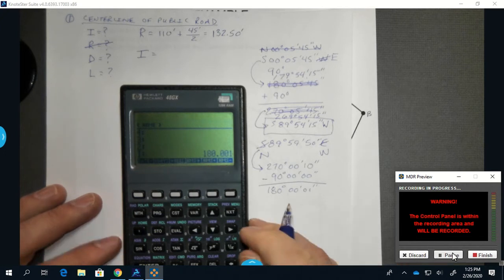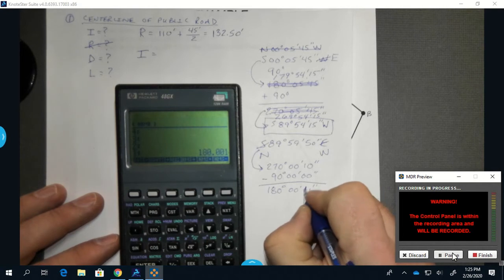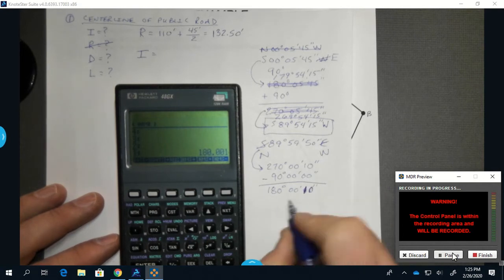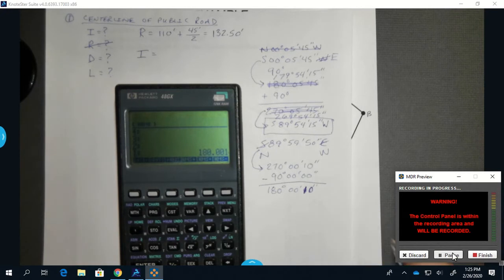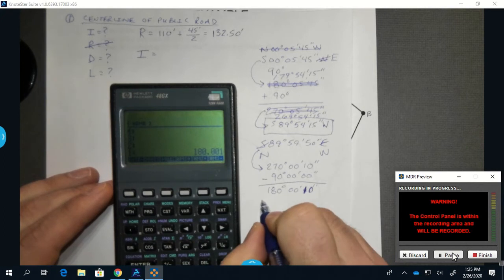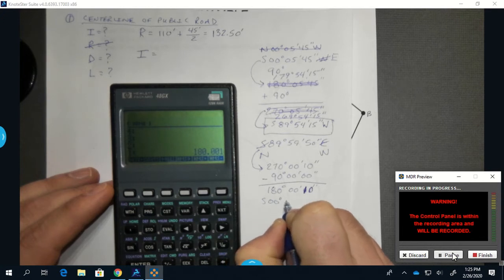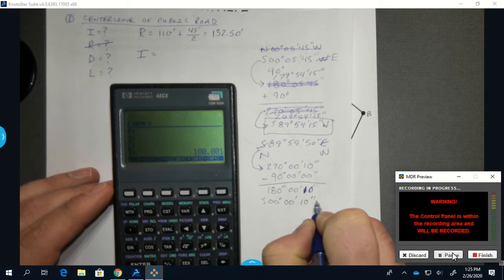Okay? So what is that? Or 10 seconds. Sorry, 10 seconds. 180, 00, 10 seconds. So what is that as a bearing? So this as a bearing then is south, 00 degrees, 00 minutes, 10 seconds west.